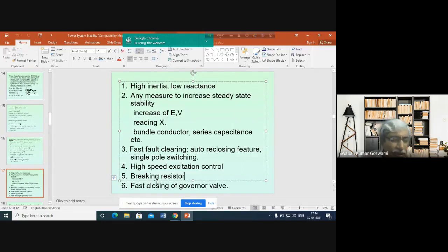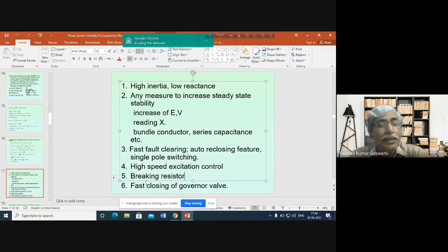Why? Because it involves high inertia. Steam inside the boiler has a very high pressure and high temperature. So changing the opening of the steam valve so fast is not possible.